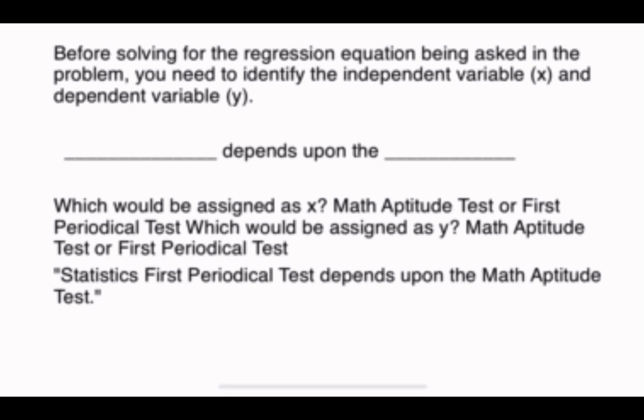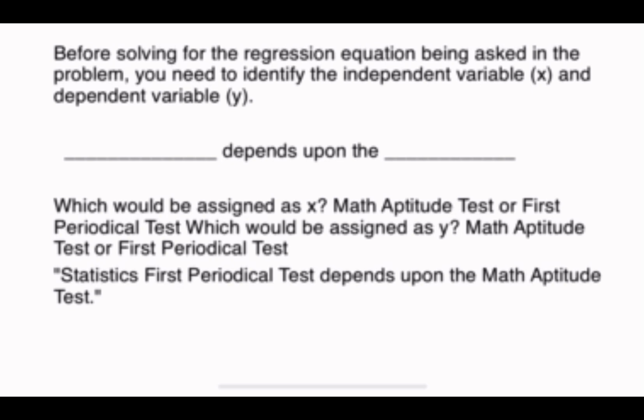Before solving the regression equation being asked in the problem, you need to identify the independent variable x and dependent variable y. Blank depends upon blank. Math aptitude test, which would be assigned as x, or first periodical test, which would be assigned as y.